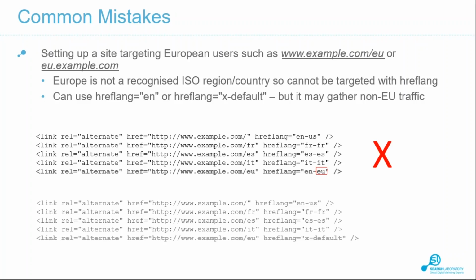EN would be fine, or x-default would be fine. However, take into consideration the previous bullet point that you may gather non-European traffic for your European website, which is probably not something that you do want to do. So I'd really encourage people to stay away from this sort of website structure. However, there are ways of managing it. It's just a lot more complicated than breaking down by country or language level.